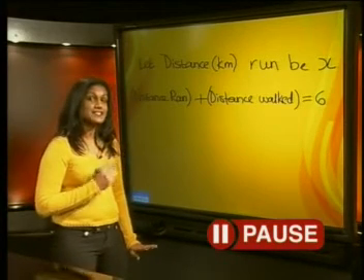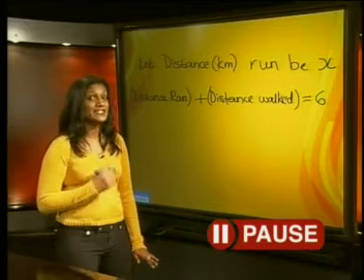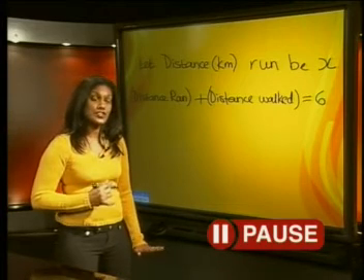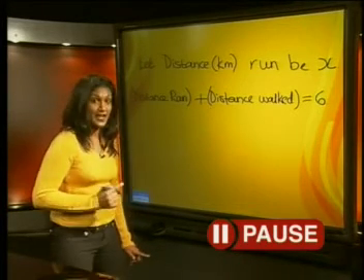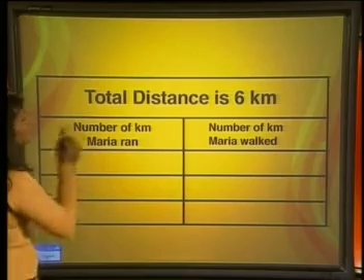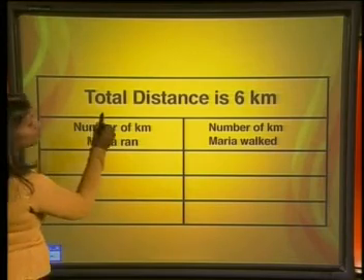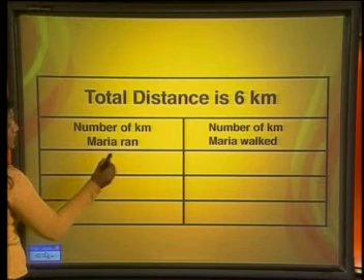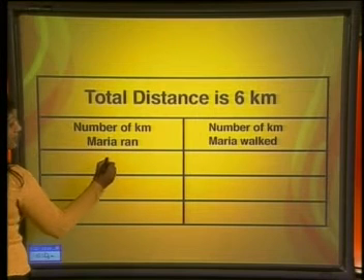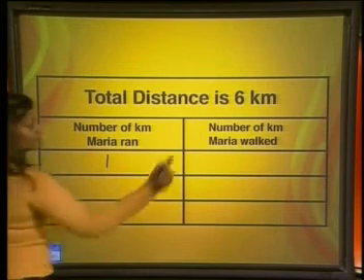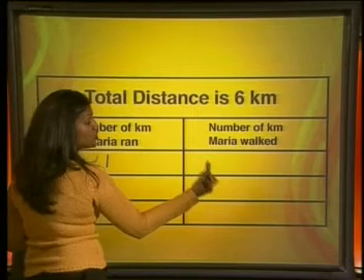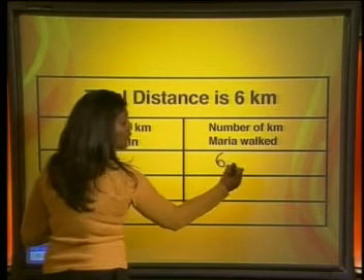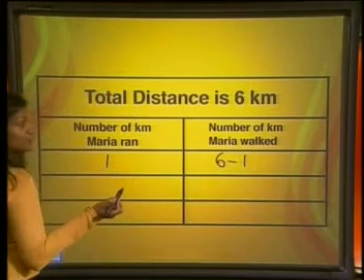Do you see that this is similar to the example we did in a previous lesson? We set up a table to calculate the values. Let's do that now. Here we have our table. Remember that the total distance is 6 kilometers. So if the number of kilometers that Maria runs is 1 kilometer, the number of kilometers that she walks should be 6 minus 1, or 5 kilometers.